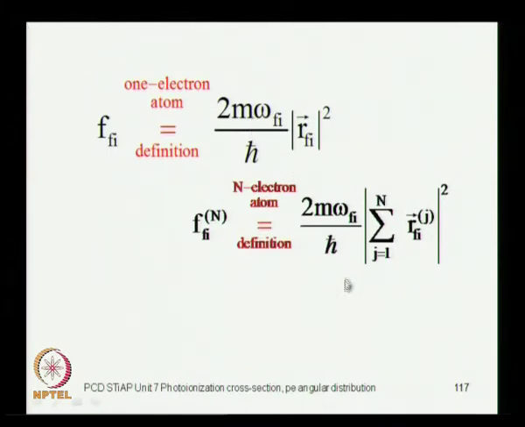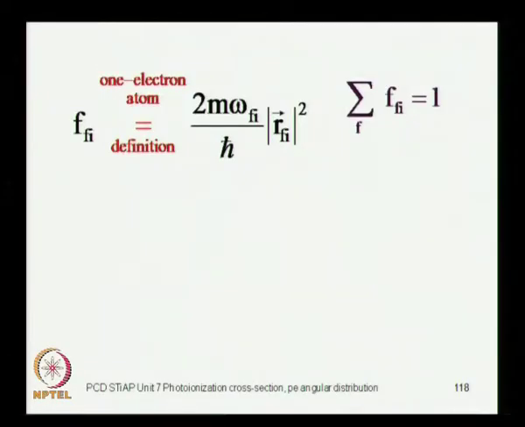For n-electron atoms, you can sum over j going from 1 through n for all the electrons, because there will be a similar oscillator strength for each electron, and when you sum over these terms for all the n electrons, then you find that this summation will be equal to n, not equal to 1. So if n is equal to 1, you get the Thomas-Reiche-Kuhn sum rule as we derived, but for n electrons it will give you n, which is the number of electrons.